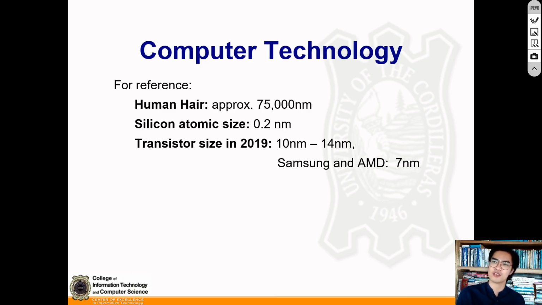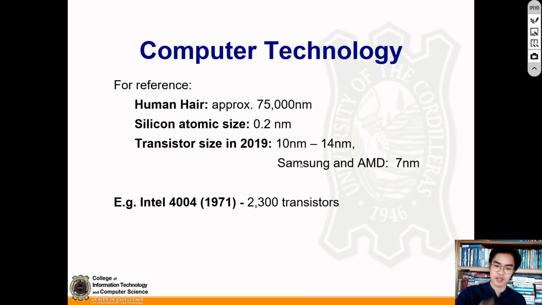So we've had experiments at the electron and proton level already, where they're experimenting if you can have a computer that takes in stimuli so that you can represent ones and zeros as protons and electrons. I'm not really sure how that's being done, but I think that's one of the most recent experimentations they're doing, because we're nearing the atomic size of silicon already.